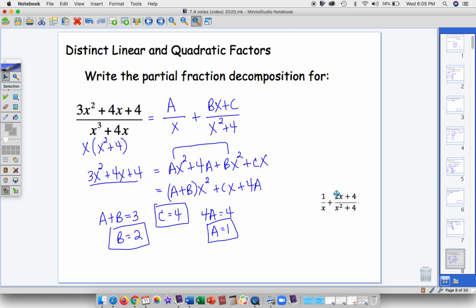Let's see if it matches my solution here. Okay, so we have a over x, so that's 1 over x. B is the coefficient of x here, and that's a 2. And 4 for c. Again, you can check these by adding the two fractions together.